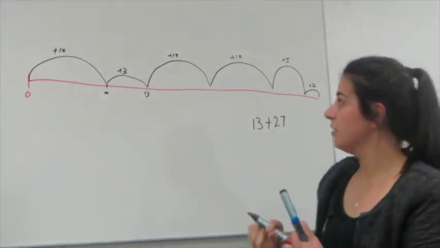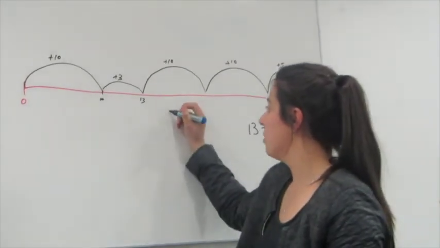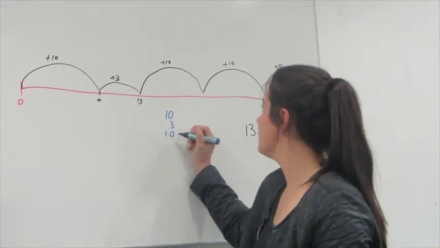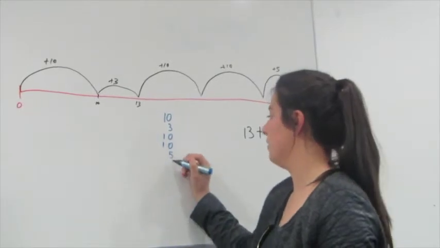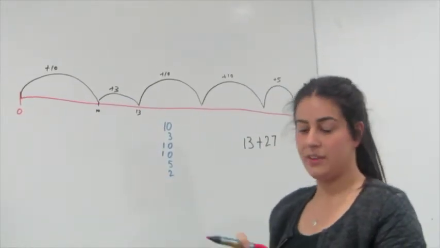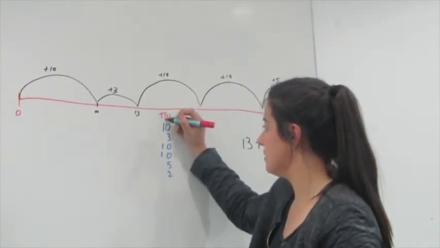Then what we're going to do is add all of these together. So we've got 10, 3, 10, 10, 5 and 2. We still want to keep our place value in mind. We know this is a tens column and this is a units column.